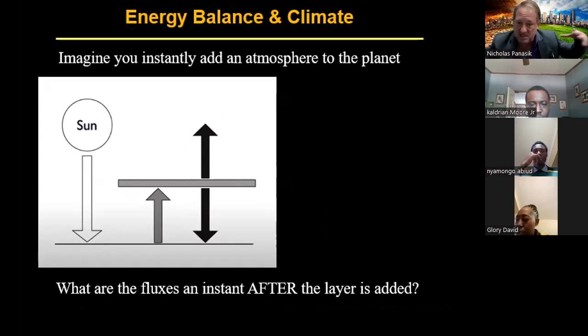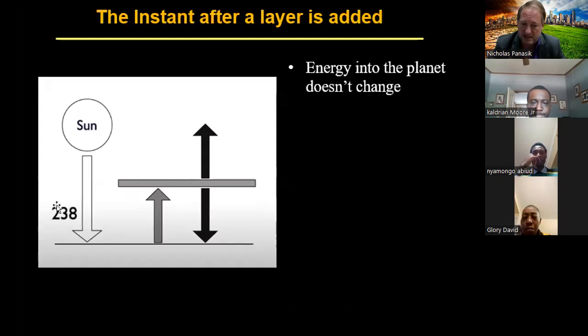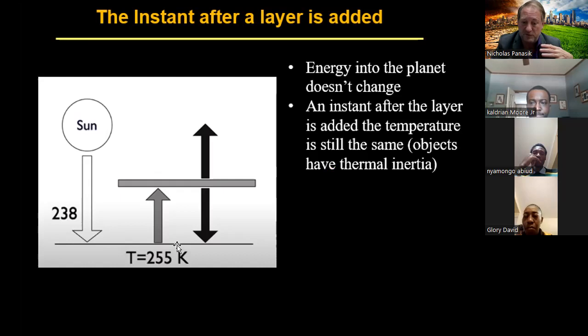What are the fluxes going to be the instant after you add the atmosphere, okay? And so we know that 238 is coming in, and the instant you've added the atmosphere, there hasn't been time for anything to heat up or react, right? And so the temperature of the planet is still that 255 K that we calculated, okay?